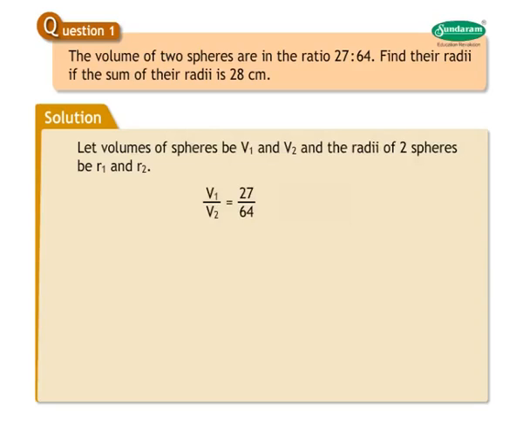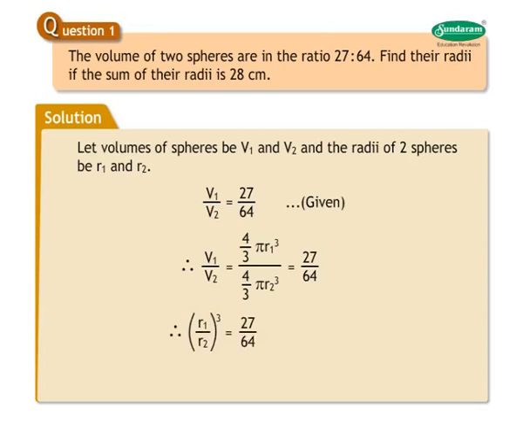It is given that V1 upon V2 is equal to 27 upon 64. Therefore, V1 upon V2 is equal to 4 upon 3 into pi R1 cube upon 4 upon 3 into pi R2 cube, which is equal to 27 upon 64.